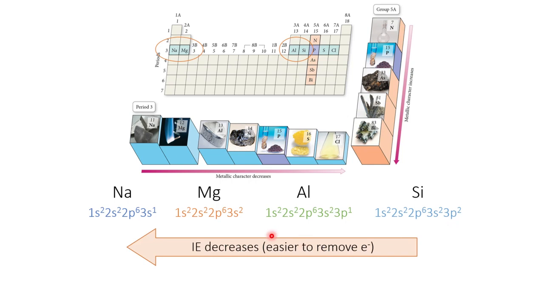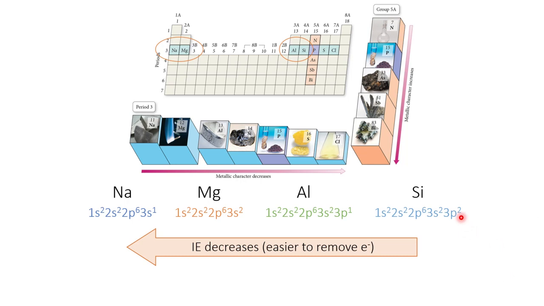So the ionization energy is going to decrease as you go to the left, making it easier to remove electrons, because if you remove the 1 from this one, it's really easy to remove that 1. Pretty easy to remove those 2. And then we're into the p orbitals, but we can lose 1 here and lose 2 here.